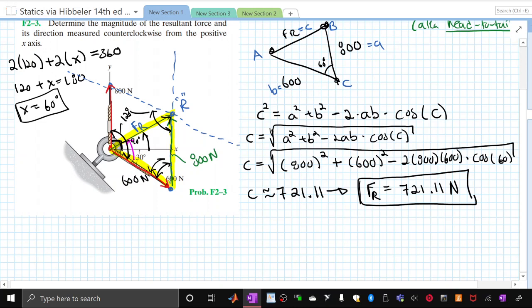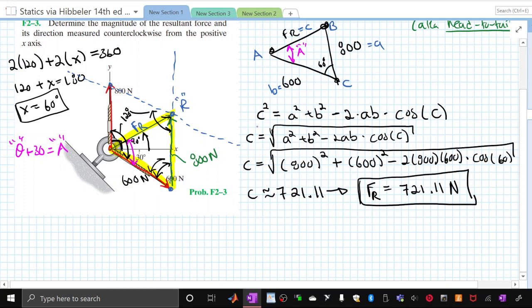The angle that goes from here to here is actually this one, angle A. Angle A is composed of this angle of interest that we want to find, plus 30 degrees. So the angle of interest plus 30 degrees gives us angle A.